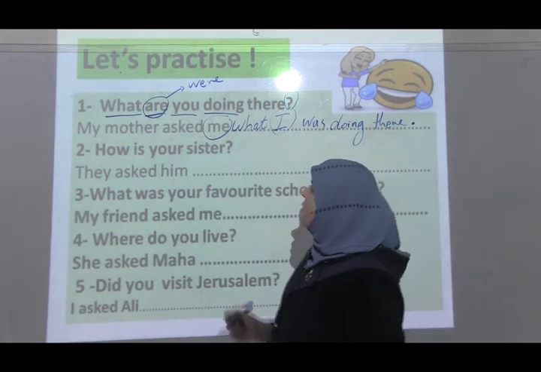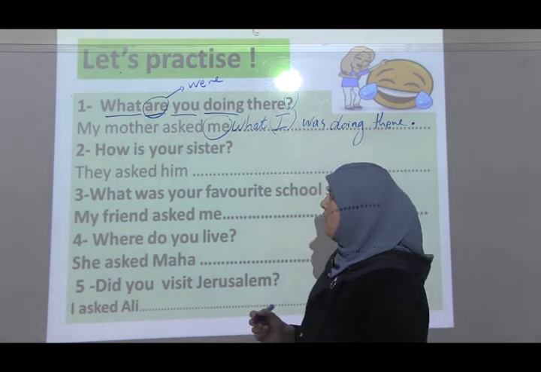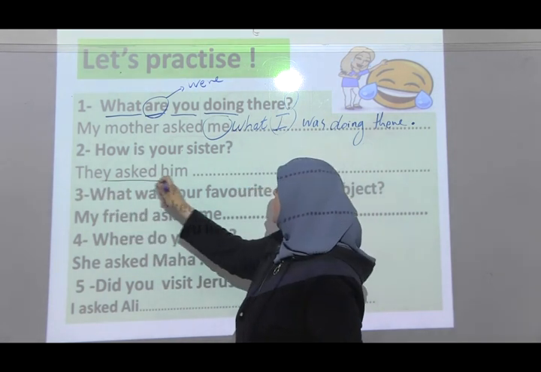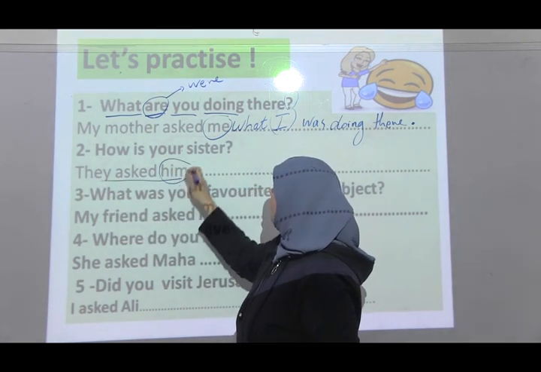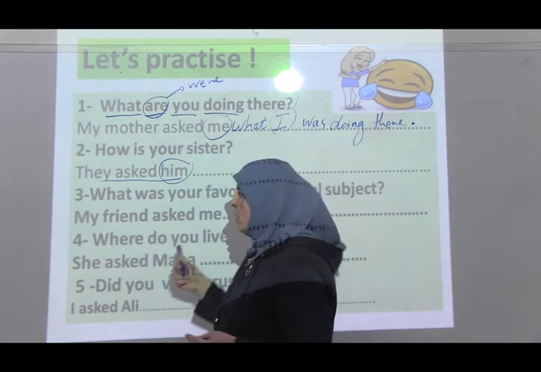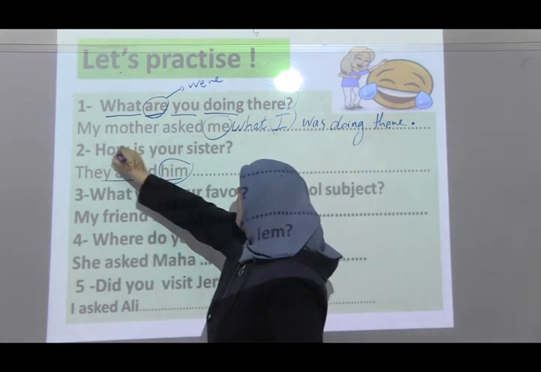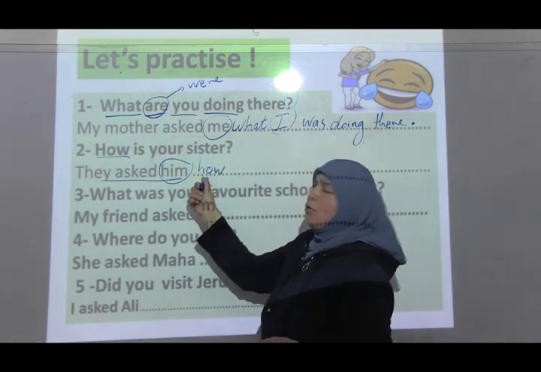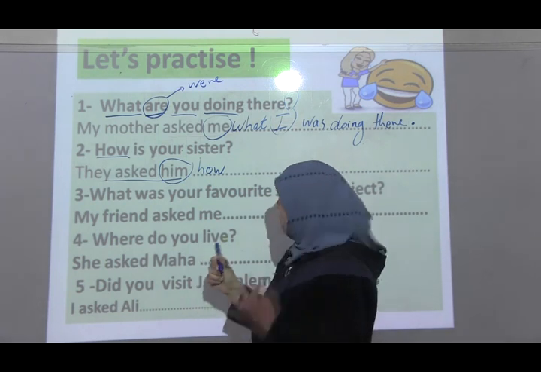Okay, a second example. How is your sister? This is a WH question. The starter is they asked him. I start my reported question with the WH word. They asked him how. After the WH word, I use the subject.